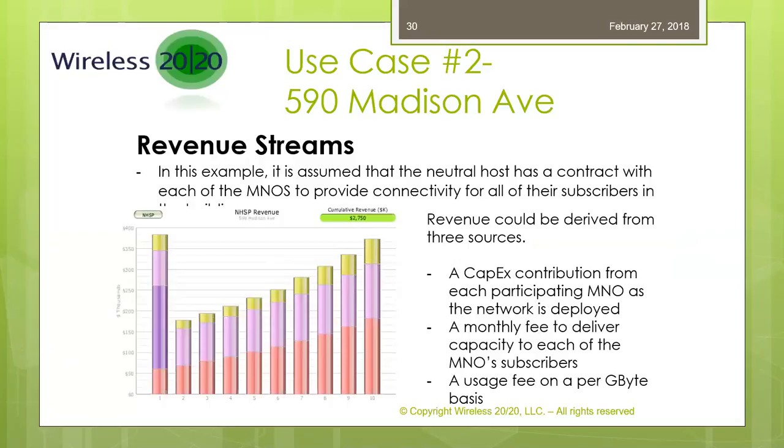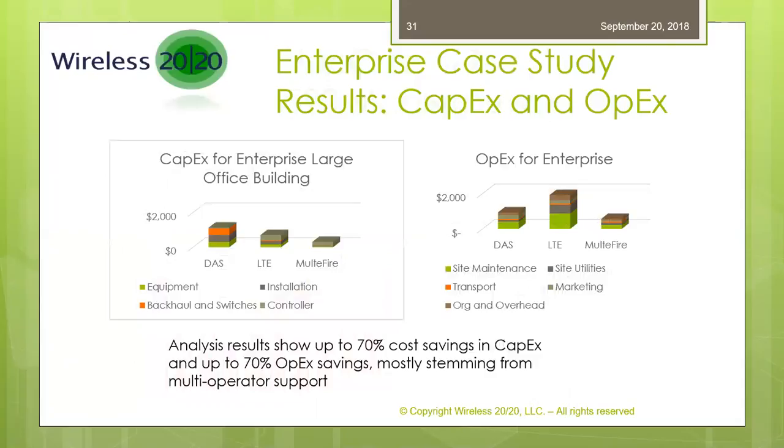There might be a monthly fee for each of the MNOs. There could be a usage fee on a per gigabyte basis. Maybe it's all based on traffic. Maybe it's based all on a monthly fee. So there are a number of different business models that could be deployed. But for this kind of network, we could see a revenue stream of more than $2 million over the 10 years that we looked at.